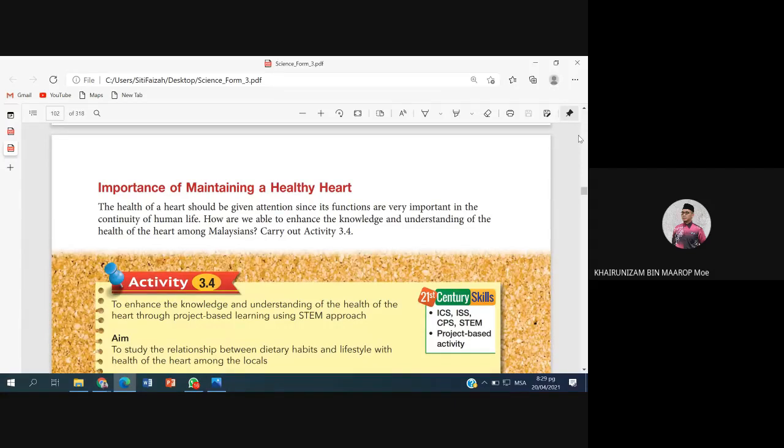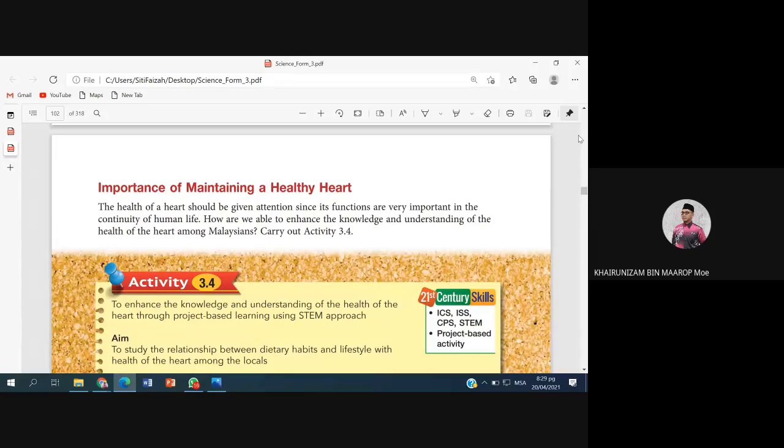You can use your own pulse. Okay, kamu cek sendiri. Gunakan kamu punya creativity, how to read your pulse rate. Maybe boleh buat macam dalam gambar ini.